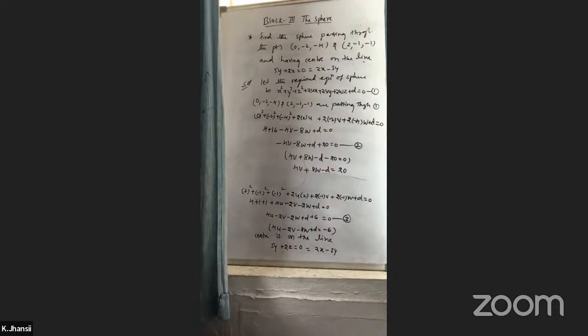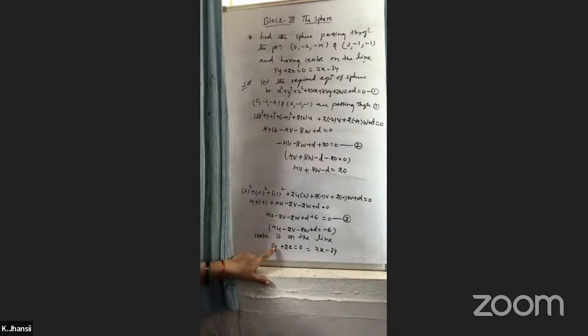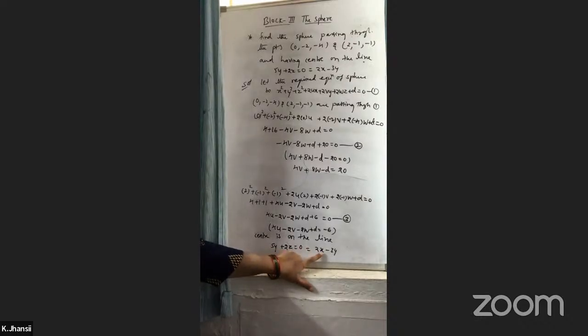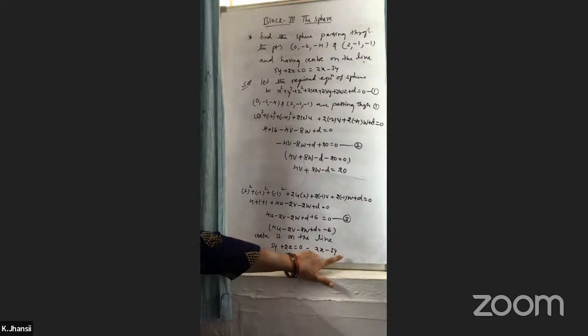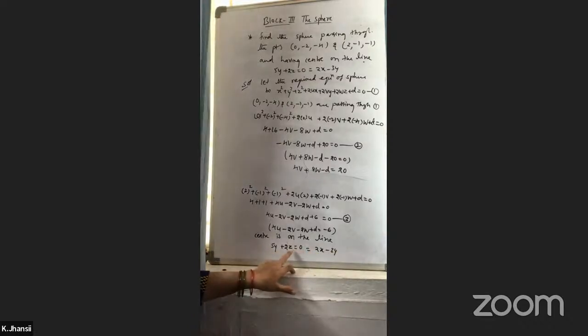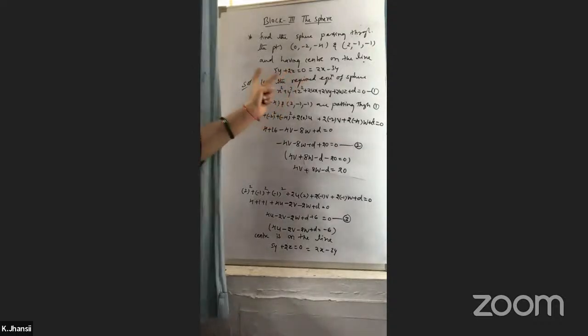Here, whatever the line equation is, in that line equation, in place of x you have to write u, and in place of y we have to write v. If z is there, in place of z we have to write w.